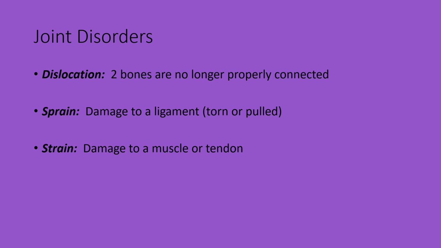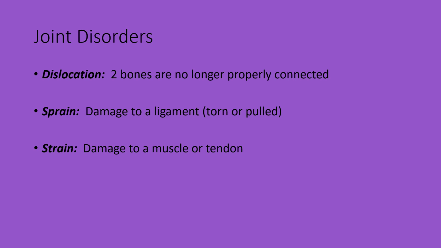type of movements. As with anything, hopefully everything works well and healthy and under normal conditions, but that doesn't always happen. There are disorders associated with all the systems, and with joints, there can certainly be disorders associated with them. A dislocation is when the two bones that are involved in a joint are no longer in their proper orientation.